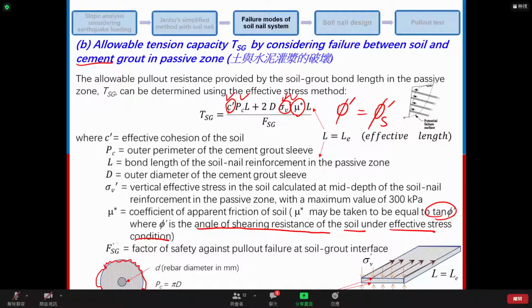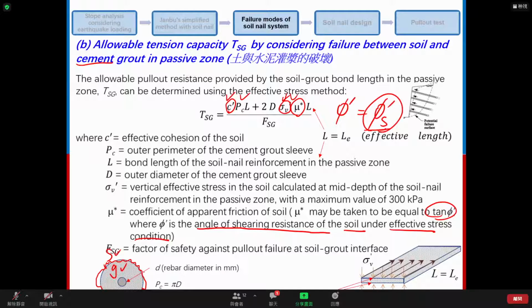Even though we are considering the interface between grouting and the soil, we use the phi of soil as the friction angle between soil and grouting. We just do this simplification to represent the friction between soil and grouting directly. This is one simplification.